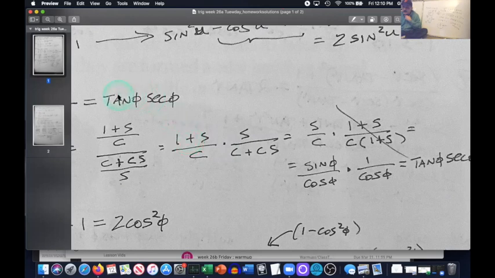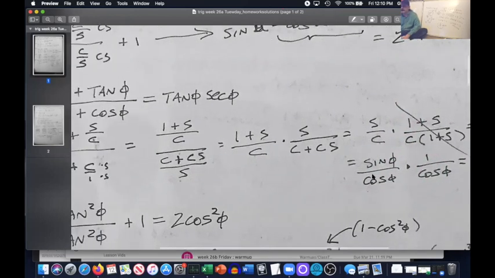If we're trying to make this become tangent secant, we need to somehow get rid of that 1 plus sine, right? Okay, well, how can we do that? That means we're going to need something on the bottom that will divide off the 1 plus sine. Okay, well, what can we do on the bottom? Oh, it looks like we can factor out a cosine here. And as soon as we do that, that does the trick. And then what's left, we can rewrite. So sine over cosine, which is tangent, and 1 over cosine, which is secant.